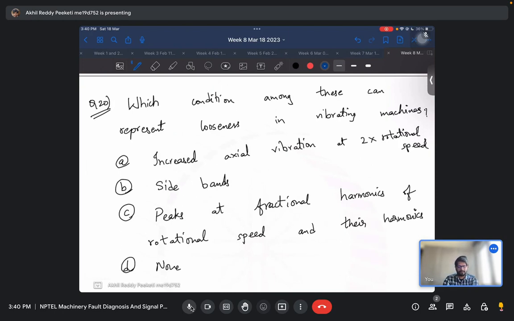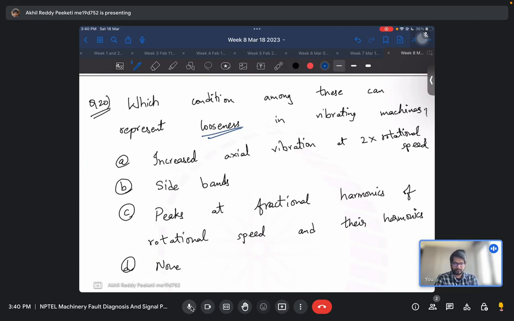The next question. Which condition among the below options represents looseness in vibrating machines?